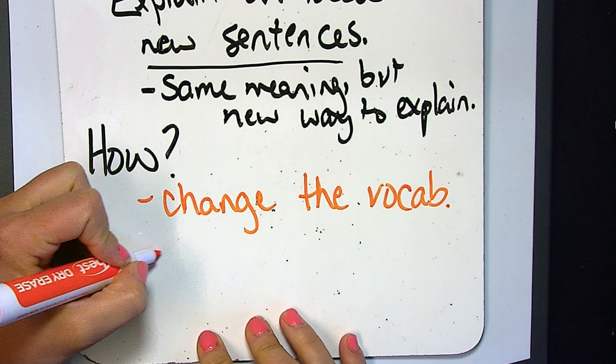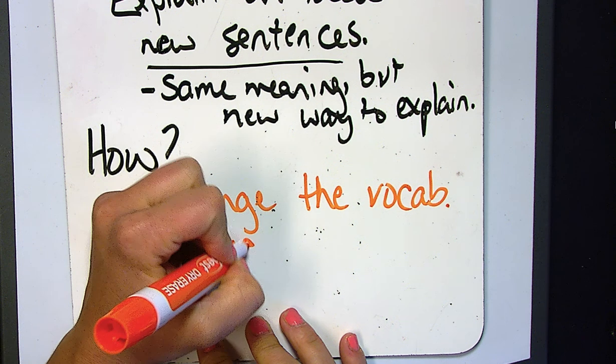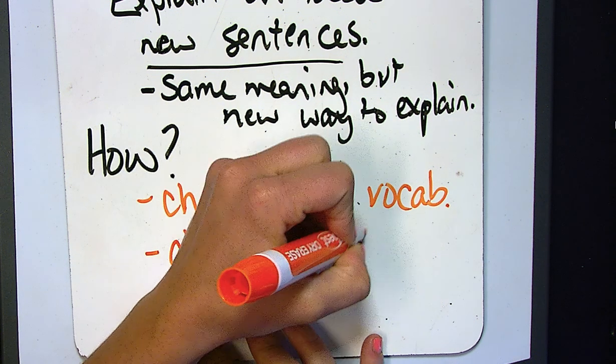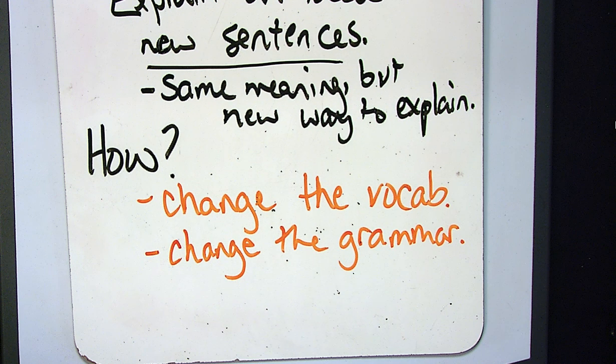Another thing to do is to change the grammar. Change the grammar means maybe you change an adjective into an adjective clause. Or maybe you combine 2 sentences by adding in a noun clause. Or maybe you change from passive grammar into active grammar, or active grammar into passive grammar.